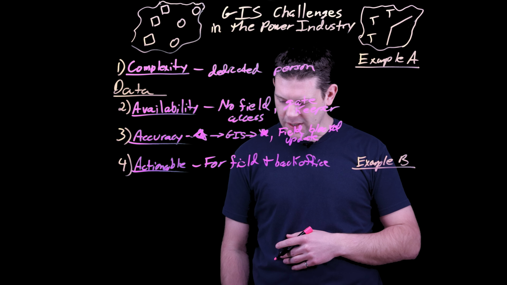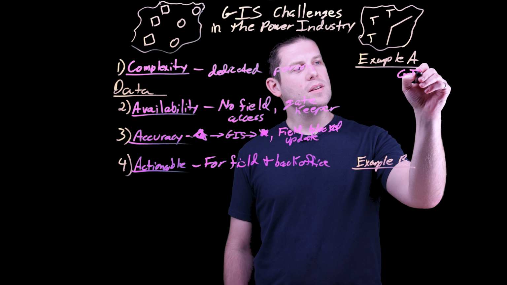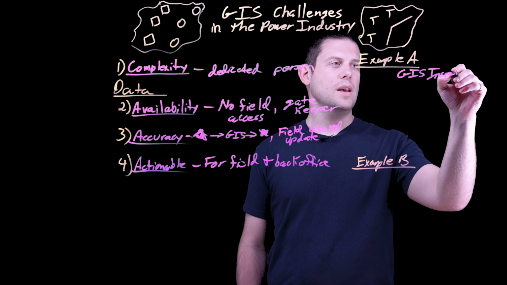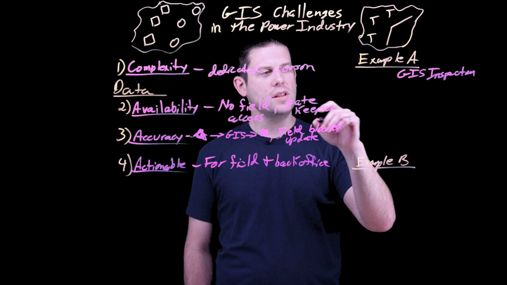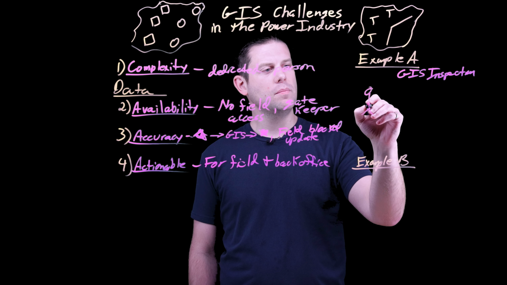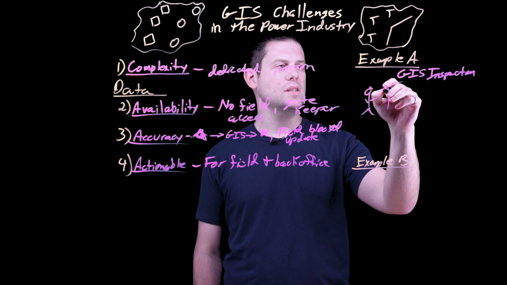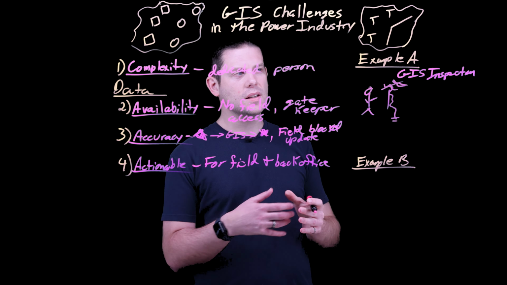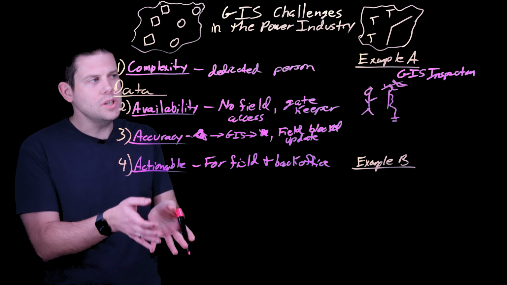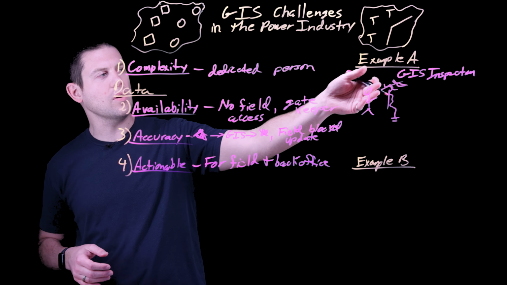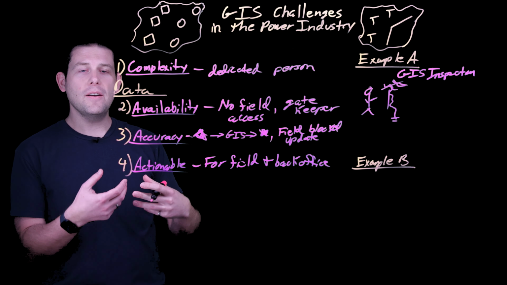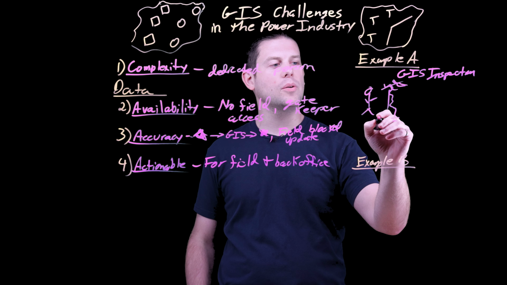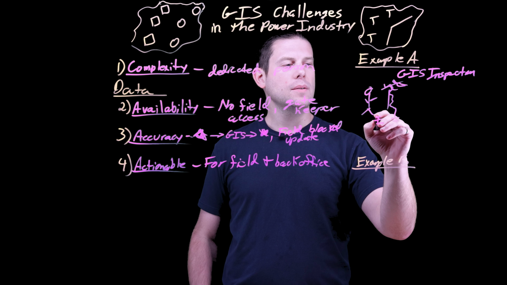But with these two examples here, we've got a GIS inspection form. This is an inspection-based form that's built out where the person in the field is measuring the resistivity of the ground wire that's coming down here. As he or she is measuring the resistivity of the soil, they have to have feedback and say, hey, do I need to install another ground wire or not, right?